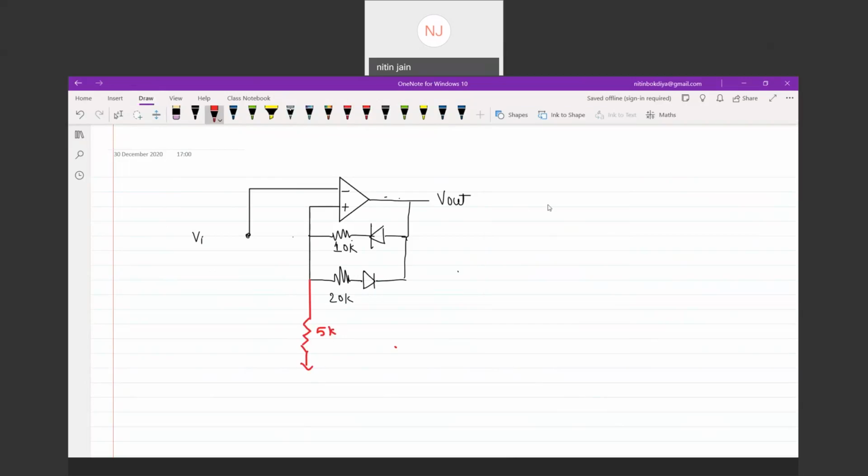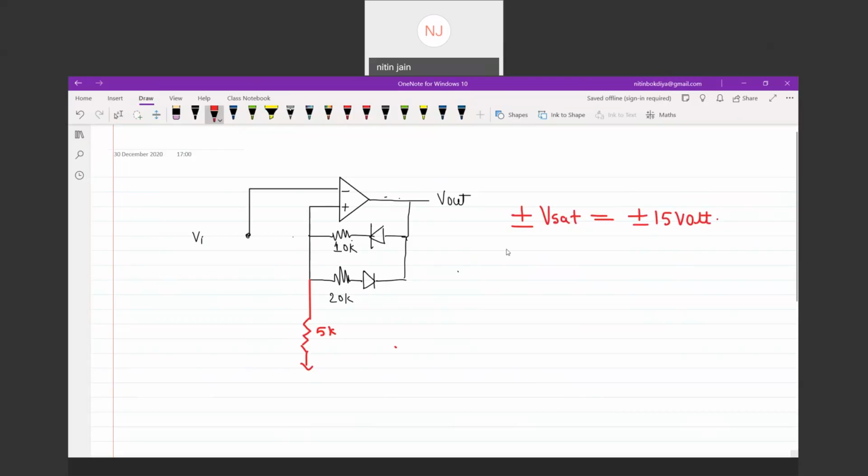And the saturation, plus minus V saturation, is given as plus minus 15. So this is the idea. This multivibrator is known as a stable multivibrator.